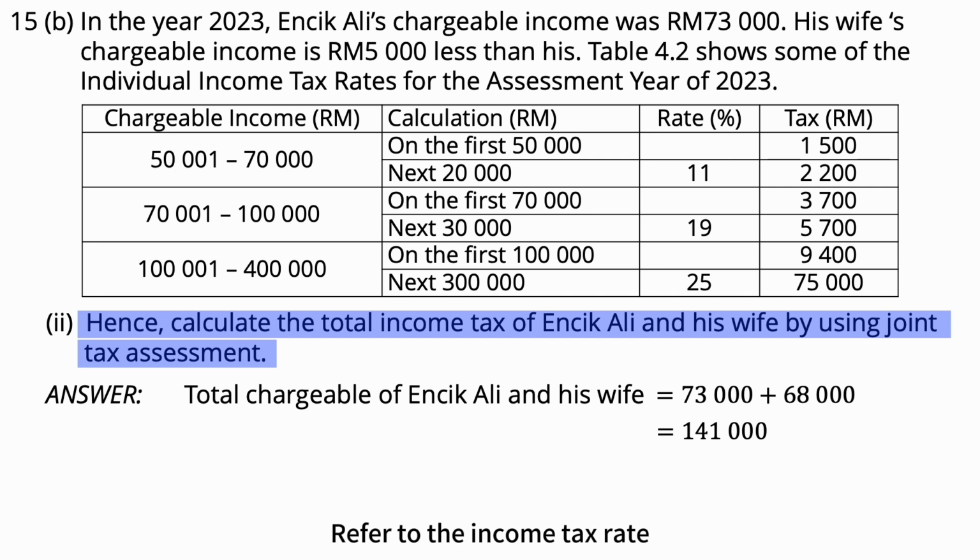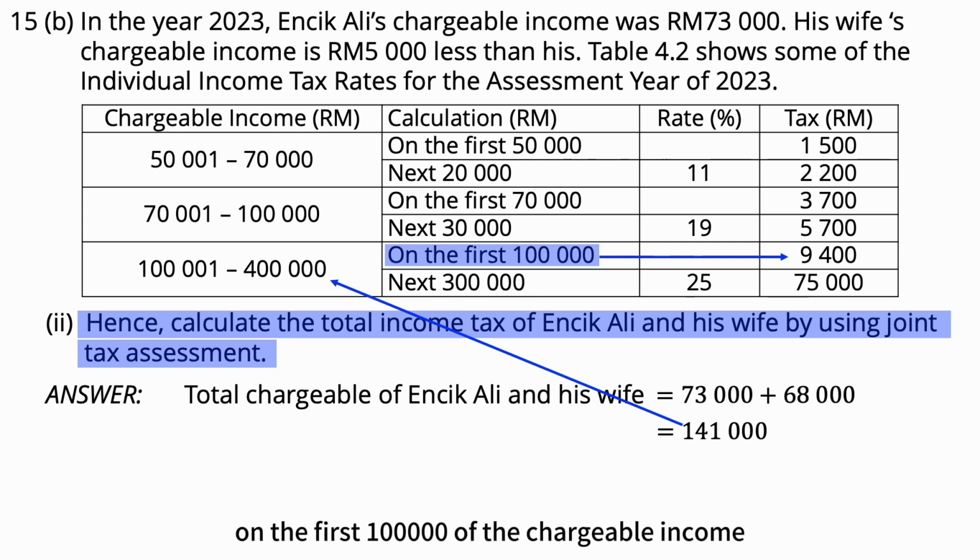Refer to the income tax rate. The chargeable income, 141,000 ringgit Malaysia, is in the category 100,001 to 400,000. Base tax is the tax on the first 100,000 of the chargeable income. 9,400 to be charged for the first 100,000.